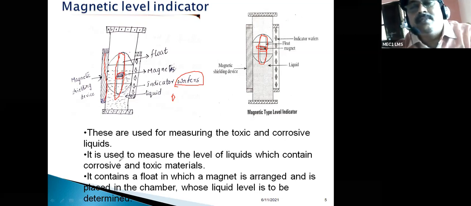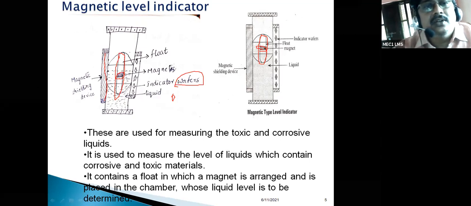That means the float is revolving on the level of the liquid. If it revolves clockwise in one direction, the wafers appear black, and in the other direction the wafers appear yellow.